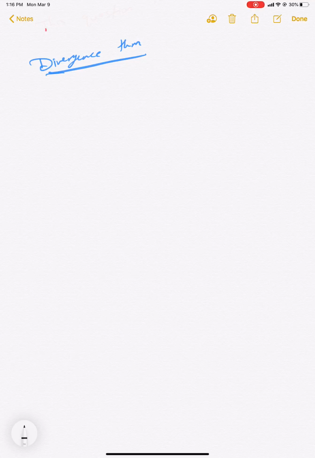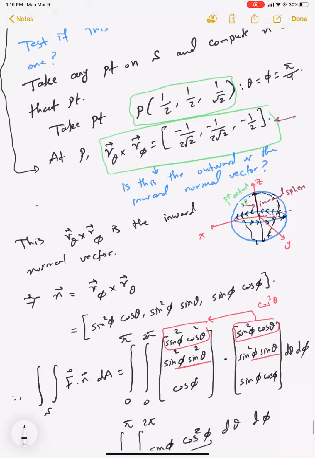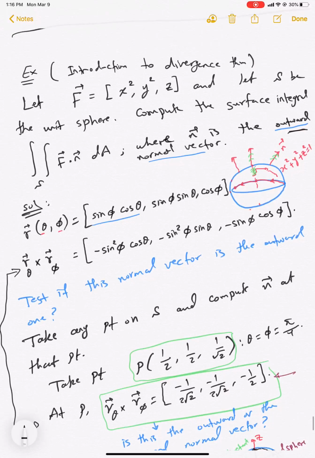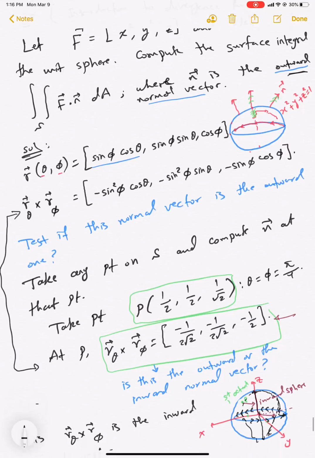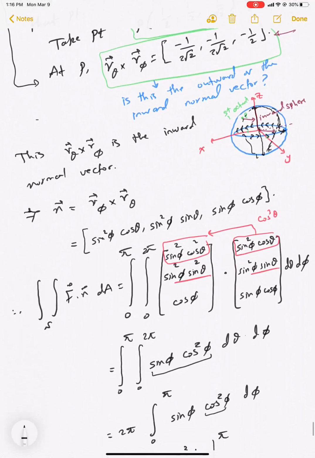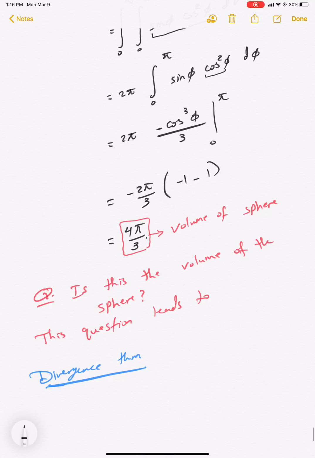So what is the divergence theorem and what is its connection with our previous example? Remember, in this example, we had a sphere, the unit sphere. We computed the surface integral of this function over this unit sphere, and in the end, after all these computations, we reached the answer of pi over 3.